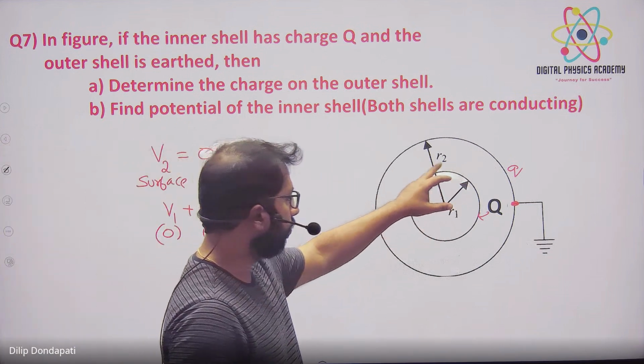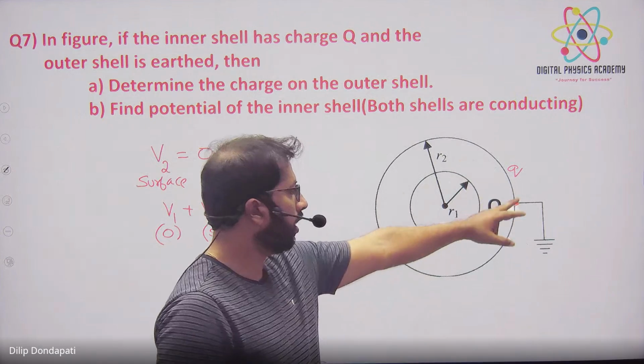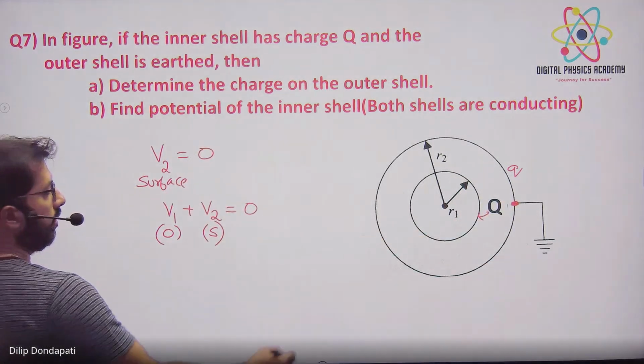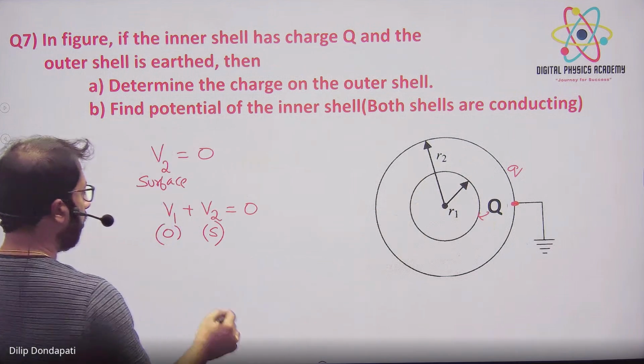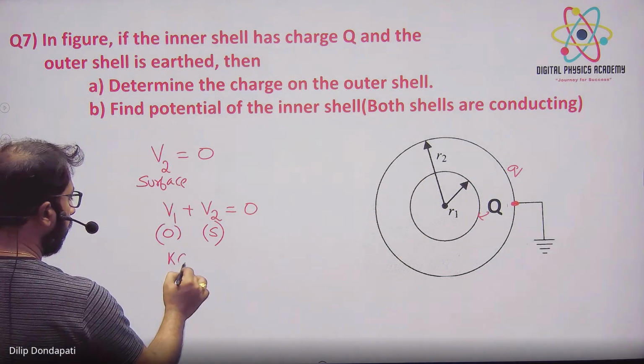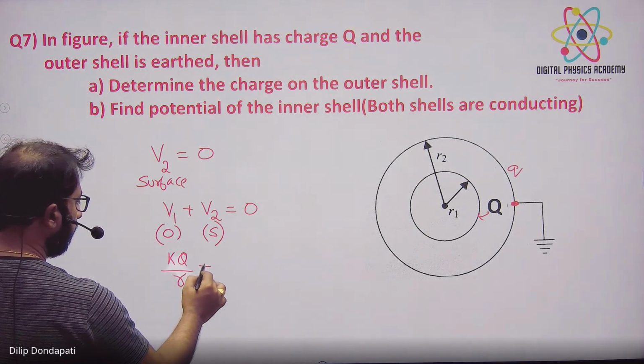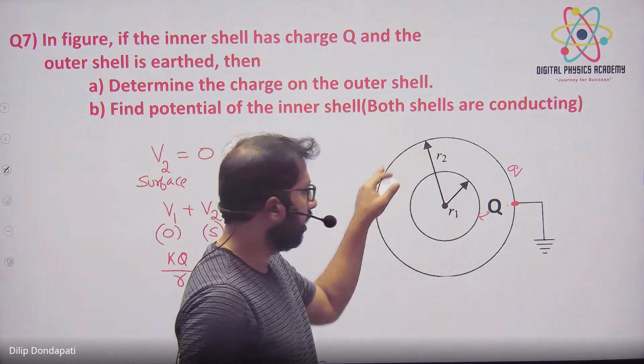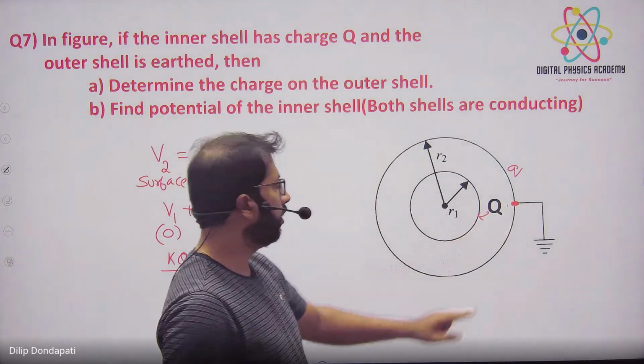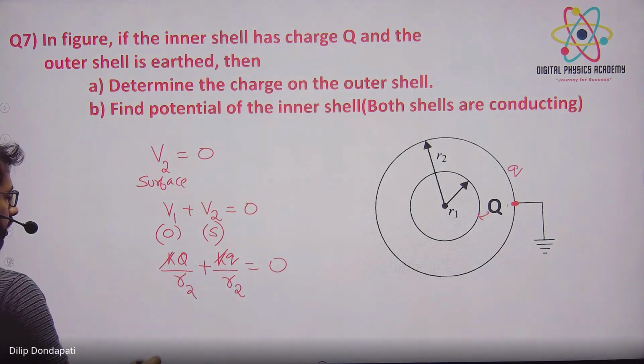So for first shell, what is the potential? This is R2 distance, right? Tell me. KQ by R2 plus for second shell, this point is on surface. Charge is small q by R2. K cancel. R2 there.